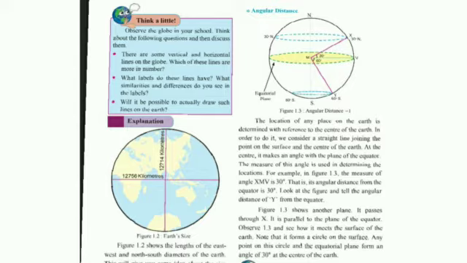The location of any place on the earth is determined with reference to the center of the earth. While drawing a circle, we take one point and from that point we draw the circle. Angular distance is the same thing.